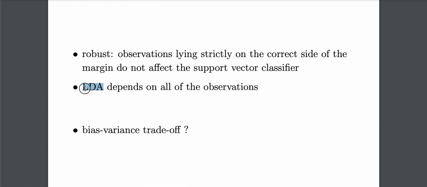Whereas LDA is looking for a hyperplane, logistic regression is looking for a hyperplane, the support vector classifier, the soft margin classifier, is looking for a hyperplane. All of them are looking for a hyperplane to separate the data, but each of them does that using a different loss function, and the loss function expresses what they care about, right?